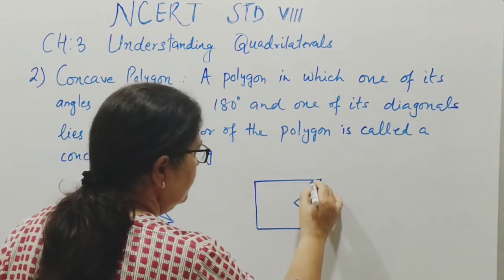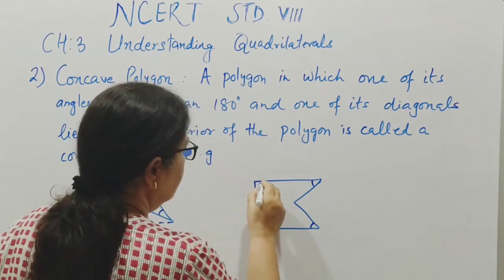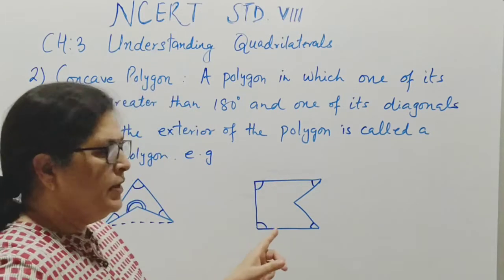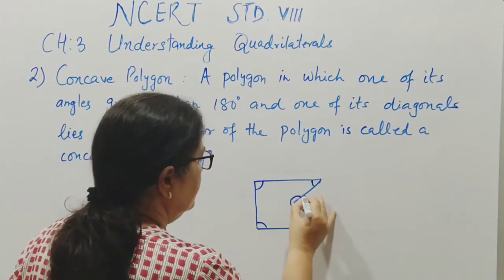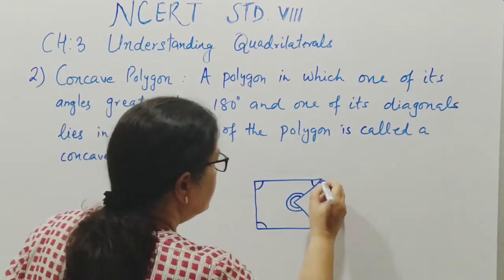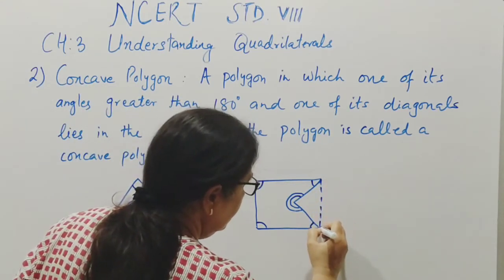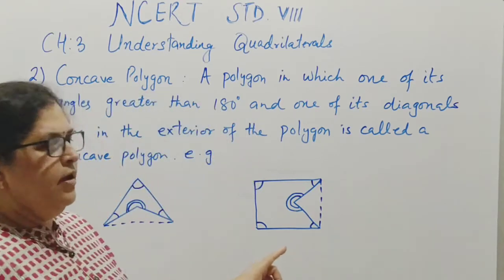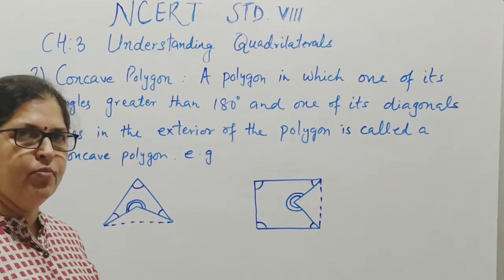Similarly, we will check here. In this polygon, these four angles are less than 180 degree, but this angle is greater than 180 degree. And one of its diagonals is lying outside the polygon. Hence, it is a concave polygon. These are the examples of concave polygon.